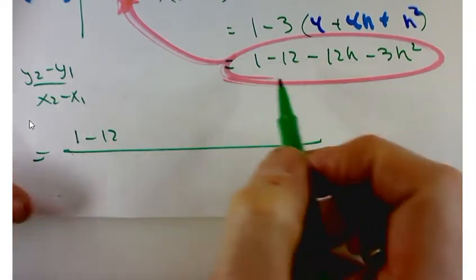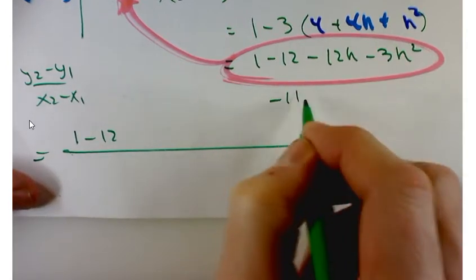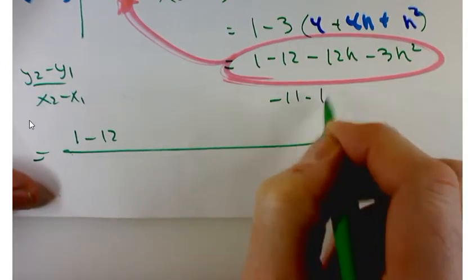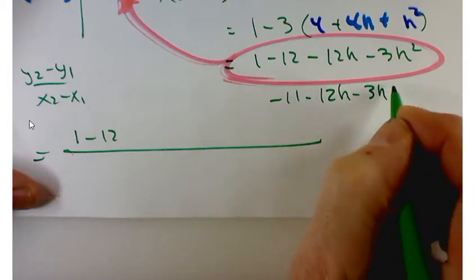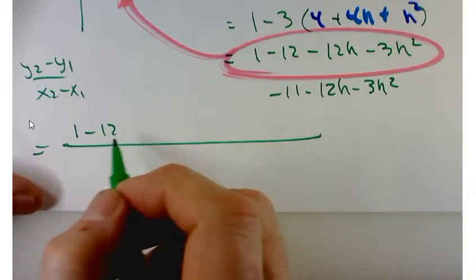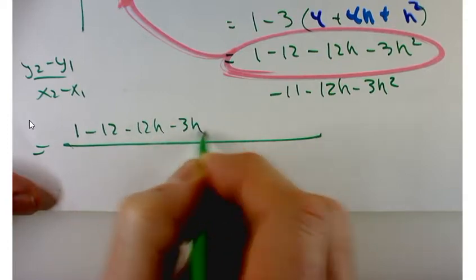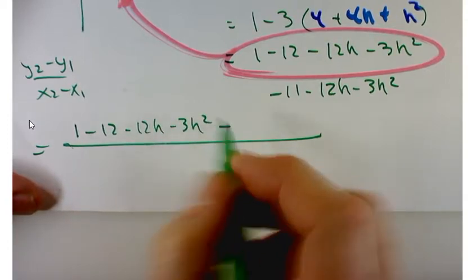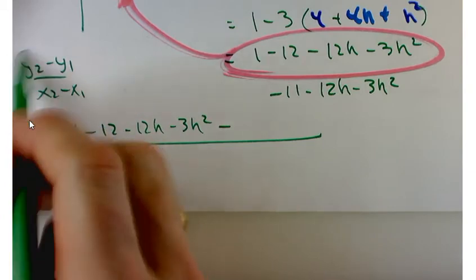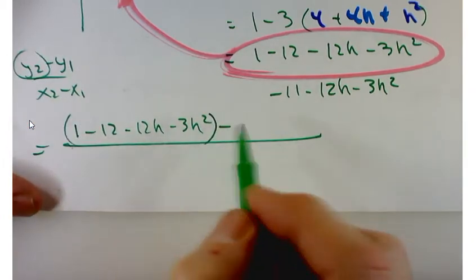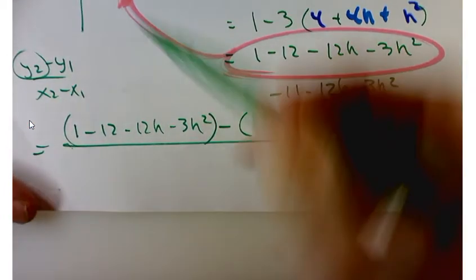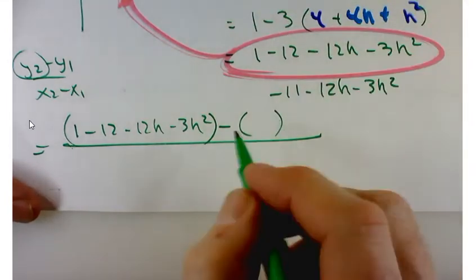Actually, I should have probably just put that as minus 11, right? Minus 11 minus 12h minus 3h squared. So minus 12h minus 3h squared, minus, so that's my y2, minus what? Negative 11.